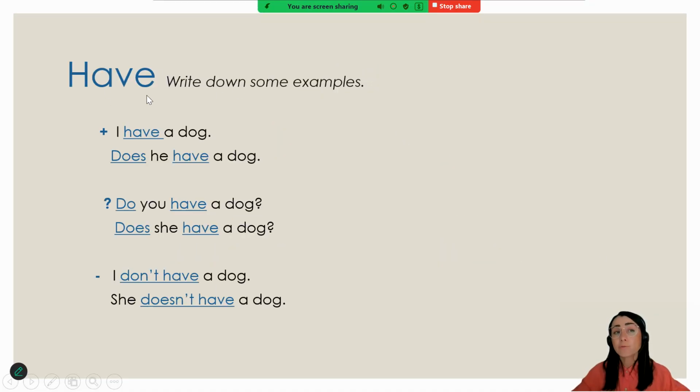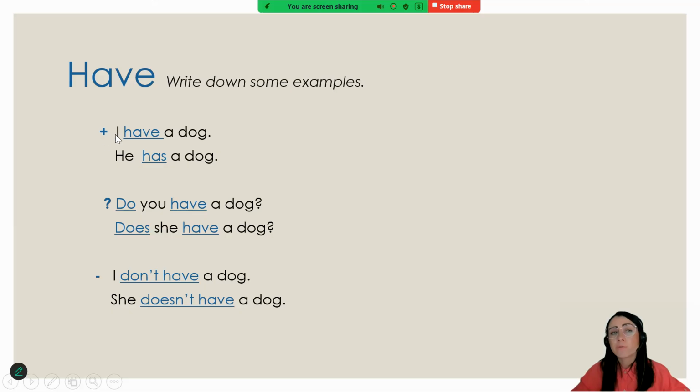And it will be different for different pronouns. To make a positive form of the sentence with the verb have, we just say, I have a dog. And as far as you remember, usually we have three forms of the sentences. Positive sentences or affirmative, question or interrogative sentences, and negative sentences.